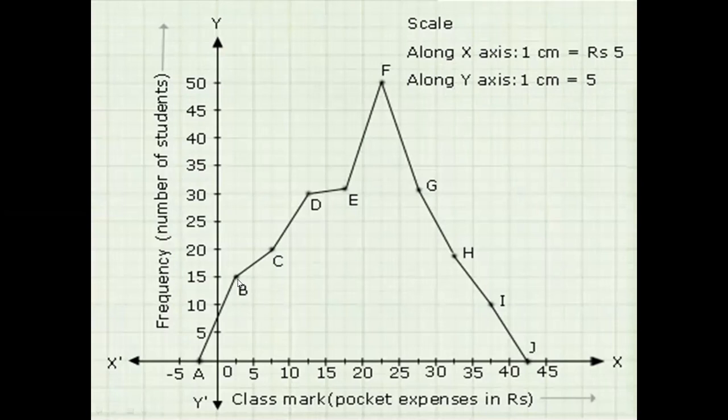Okay, so you have plotted these midpoints of each class interval and you just join them, and since the preceding class interval for 0 to 5 is 0 to negative 5, your line segment joins the x-axis at negative 2.5. And similarly over here, this is the succeeding class interval of the last class interval which has to be considered. Okay, so this is how the frequency polygon looks like.